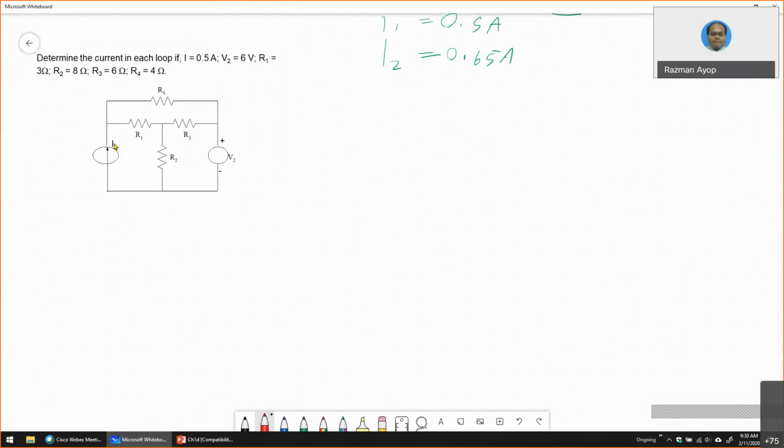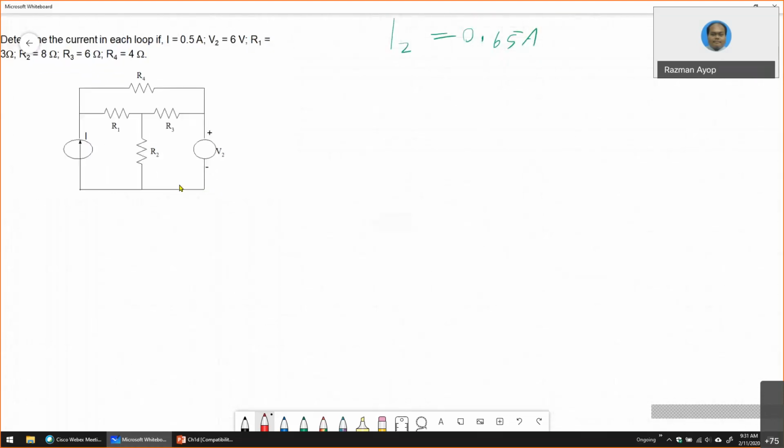When there is a current source in mesh analysis, it's called a super mesh. In nodal analysis, if only a voltage source is present between nodes, it's called a super node. Okay, this is a super mesh. So how to solve this?